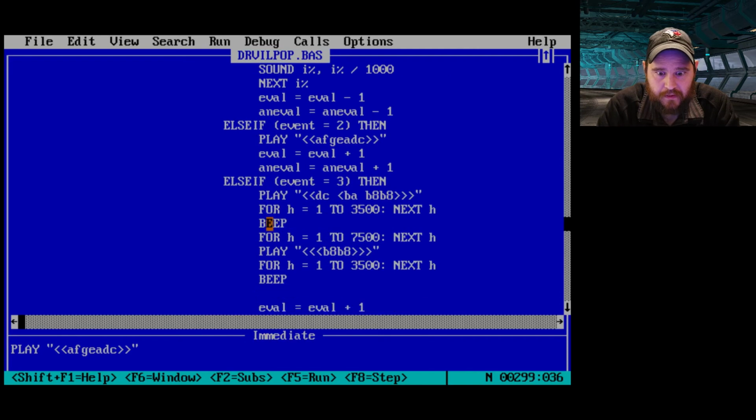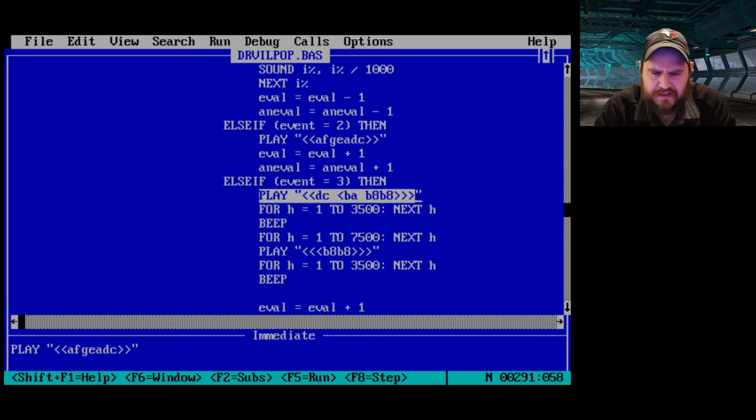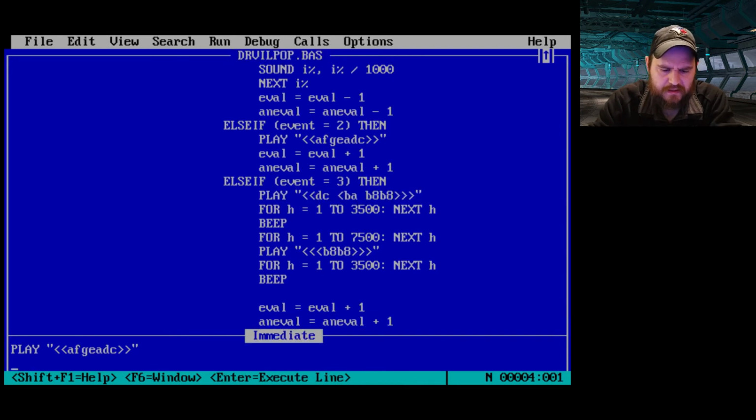Okay, the third kind of event. And see, we don't get beeps in DOSBox, which is unfortunate. But okay, this thing. What is this? First it's this.